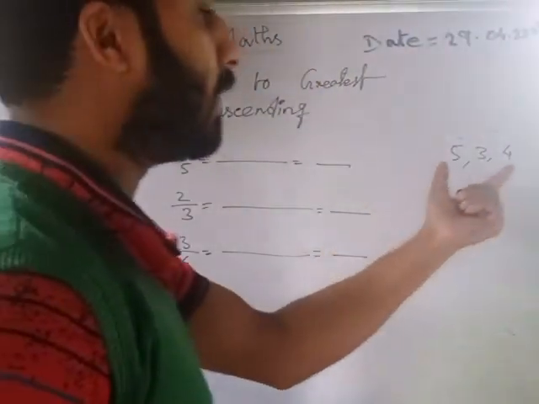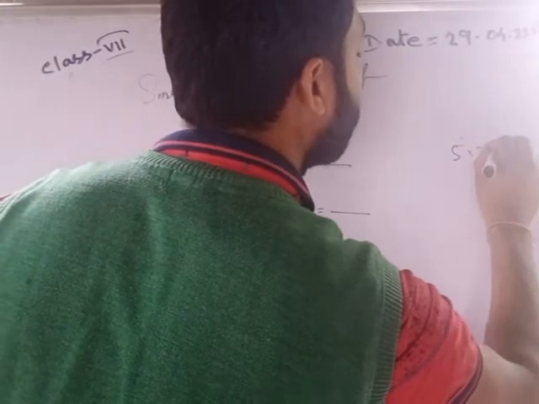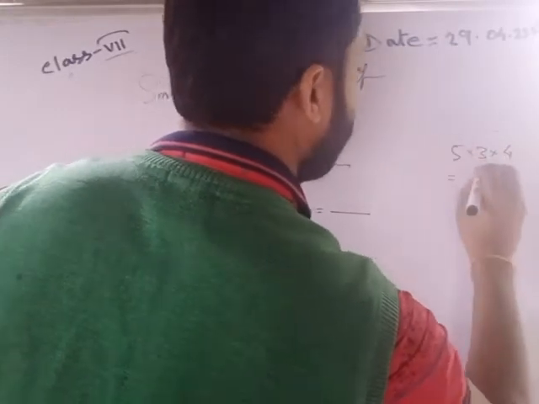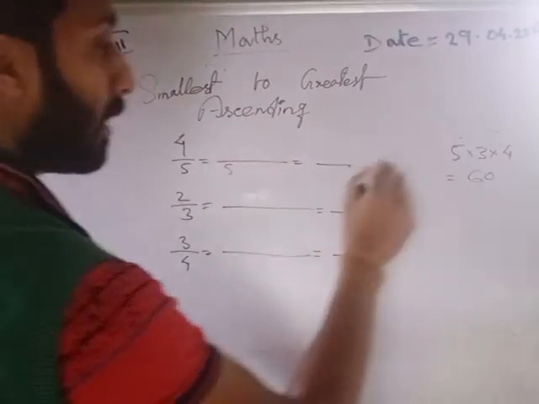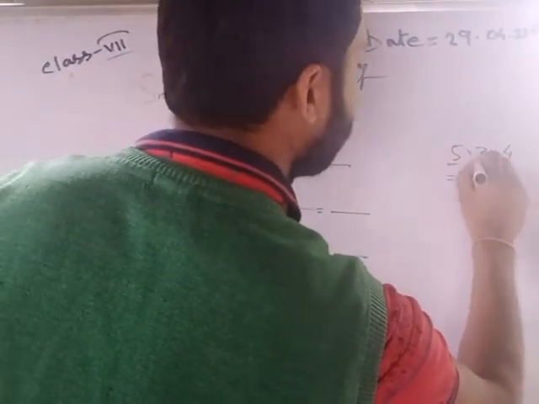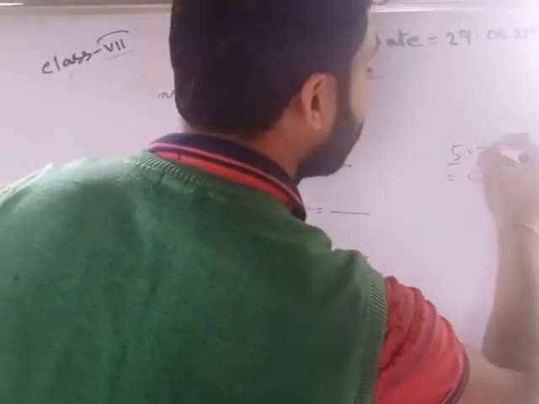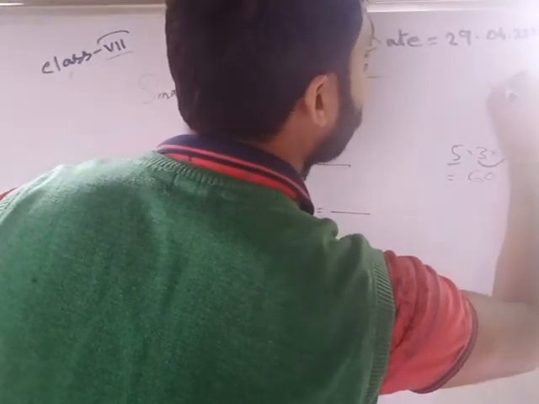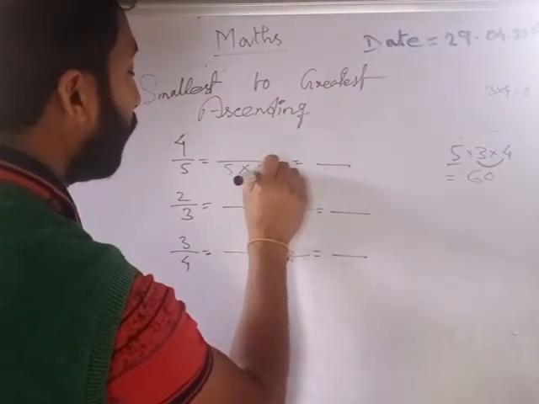They cannot be divided by the same number. That means on that time you should multiply the numbers. Then 60. So we should write here 5. Just after 3 and 4, 3 4s are 12. So we should multiply by 12.